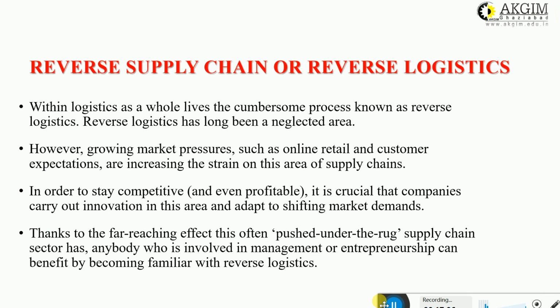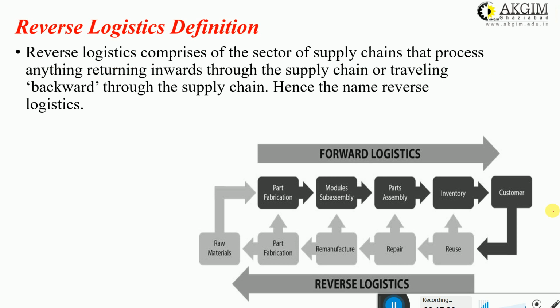Thanks to its far-reaching effect, this is often a pushed-under-the-rug supply chain sector. Anybody involved in management or entrepreneurship can benefit by becoming familiar with reverse logistics. How come? Reverse logistics comprises the sector of the supply chain that processes anything returning inwards. It is like a backward movement, traveling backward through the supply chain.